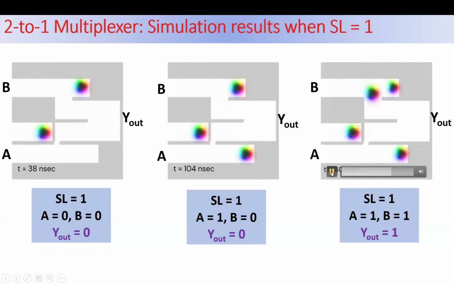First the select lines are entered, and then inputs A and B enter. If the select line is 1, then we anticipate that the output should follow the input B. So this input B skyrmion follows this trajectory and appears at the output. This way we achieve the multiplexer function.